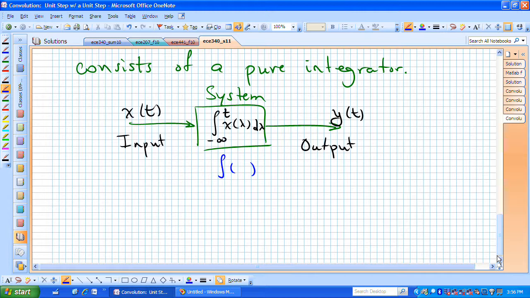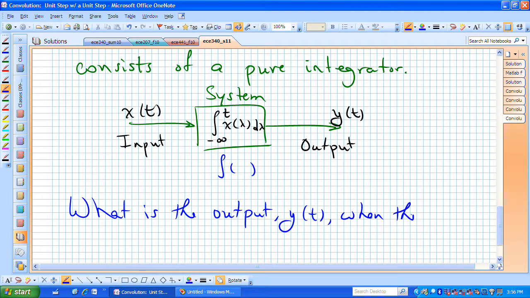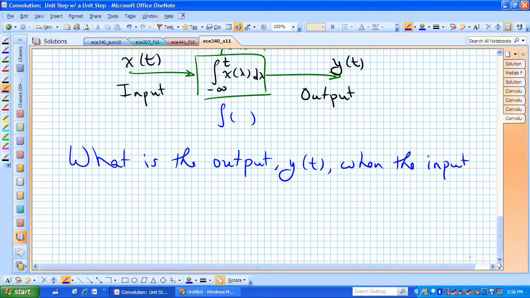If our system is just a pure integrator, what is the output, which we call y of t conventionally, when the input is x of t equal to delta of t, where delta of t is the notation I'm using for this impulse waveform?